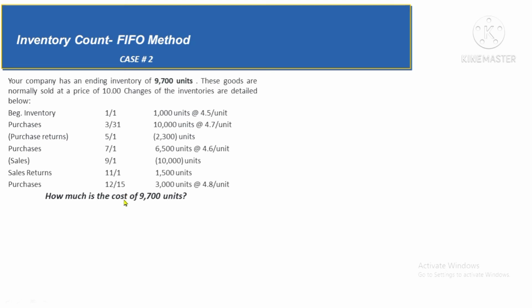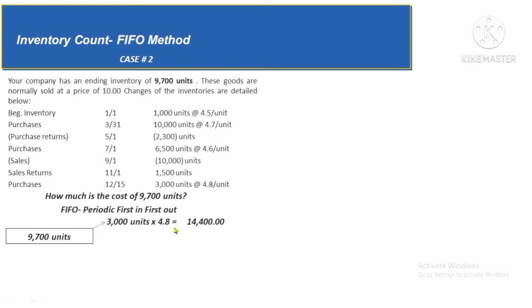So applying that in this case, we can say that of the remaining 9,700 units, 3,000 units come from here, which cost 4.8 per unit. So how about the remaining 6,700, sir? Under the FIFO method, let's look for the latest purchase aside from this, which is this one. So the 6,500 comes from here, which costs 4.6 per unit.